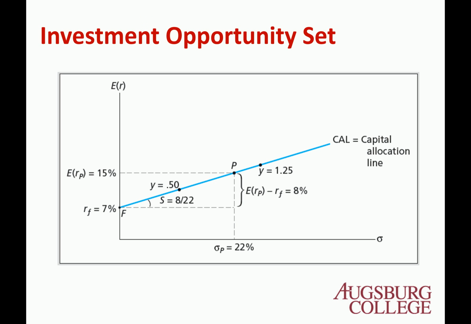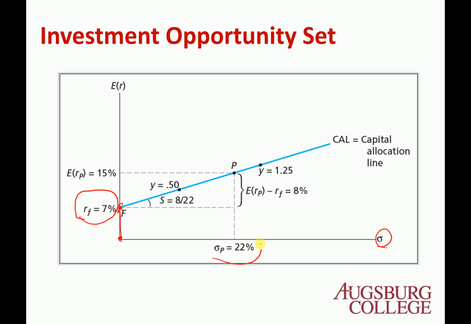Now this is the investment opportunity set. In equilibrium, this is the risk-free asset, and this is the standard deviation, right? So 0 standard deviation means no risk. That's the risk-free asset.